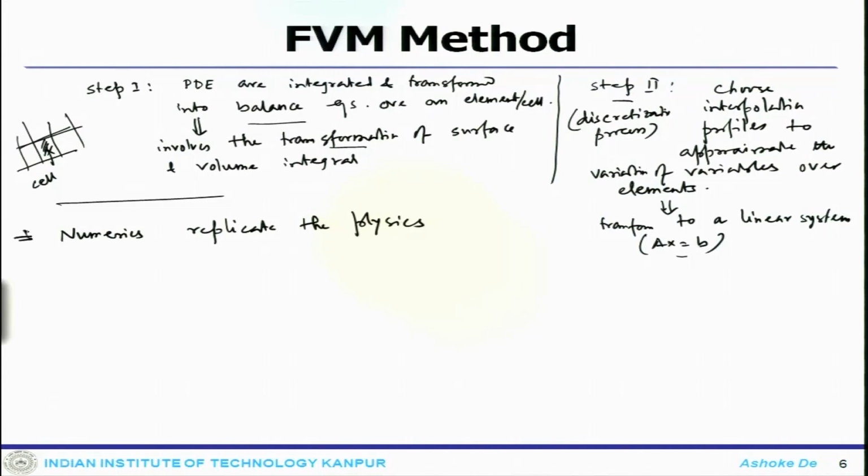Also, the conservation principle is modeled. So two important things come along with it: the numerics replicate the physics along with the conservation property. Your governing equation variables that you actually transform are conserved.